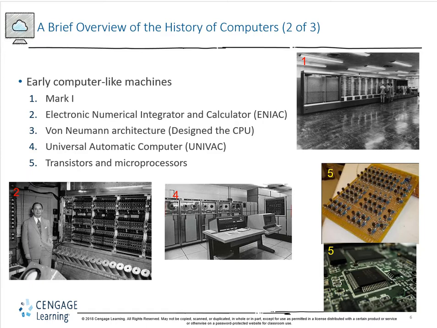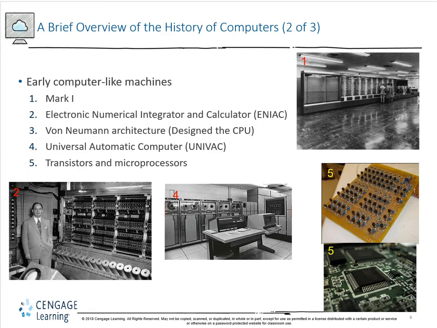So one of the very first electronic type computers was the Mark I. It was built in 1944 as a joint effort between IBM and Harvard University. Punch cards were used to feed data into the machine. It was 52 feet long, weighed 50 tons, and had over 750,000 parts.